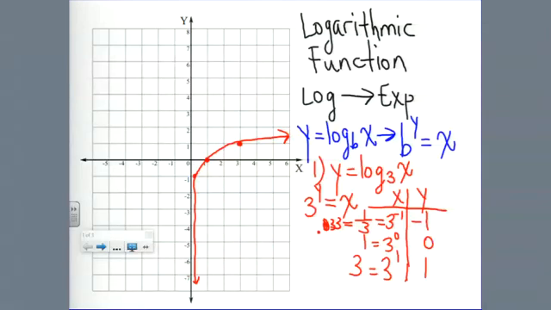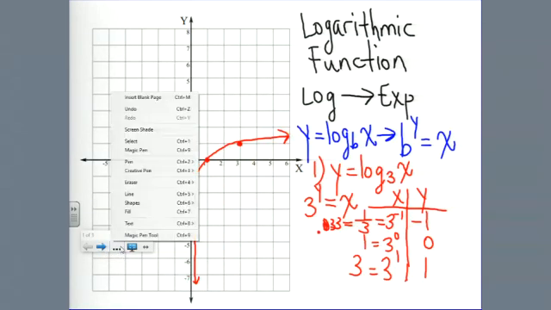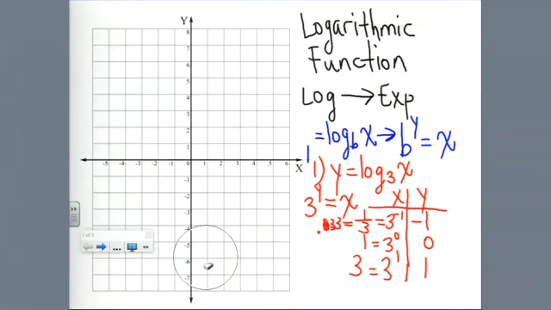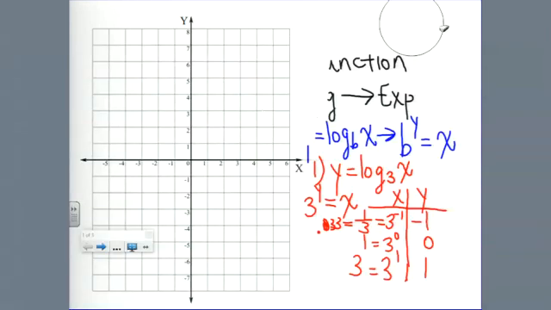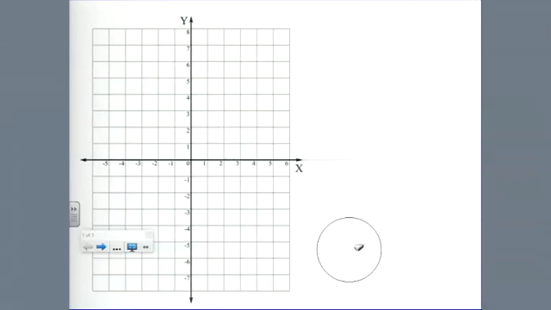Let's look at another logarithmic function. We need to graph the log function y equals log base 2 of x.